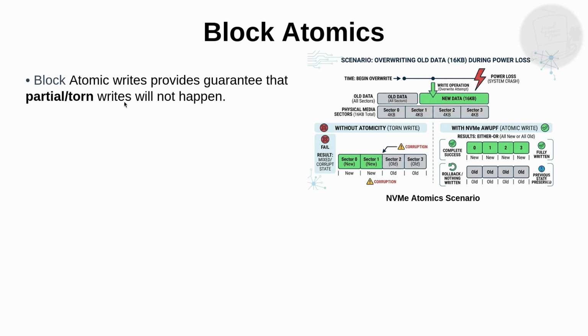So as I've written here, there's no possibility where you can have torn writes that go to the device. For example, in this picture, you can see first, in gray color, the old data, and let's say I do an I/O of 16 KB in this example, without atomicity guarantee.